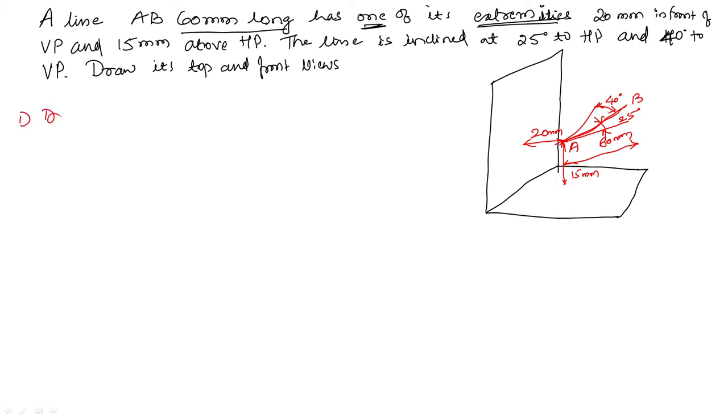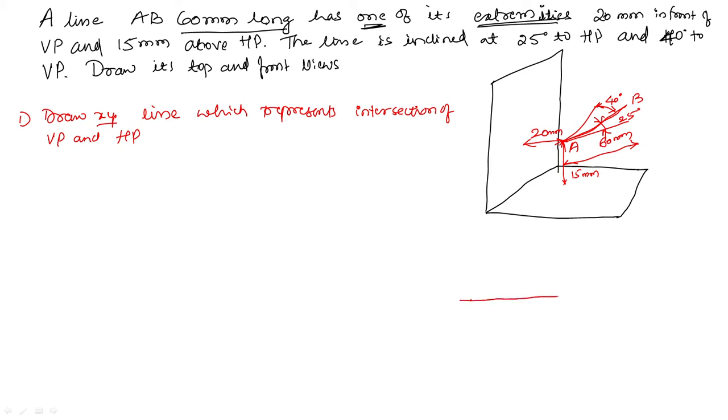First step, draw the XY line, which represents the intersection of VP and HP. I will just draw one line here. This is the XY line.